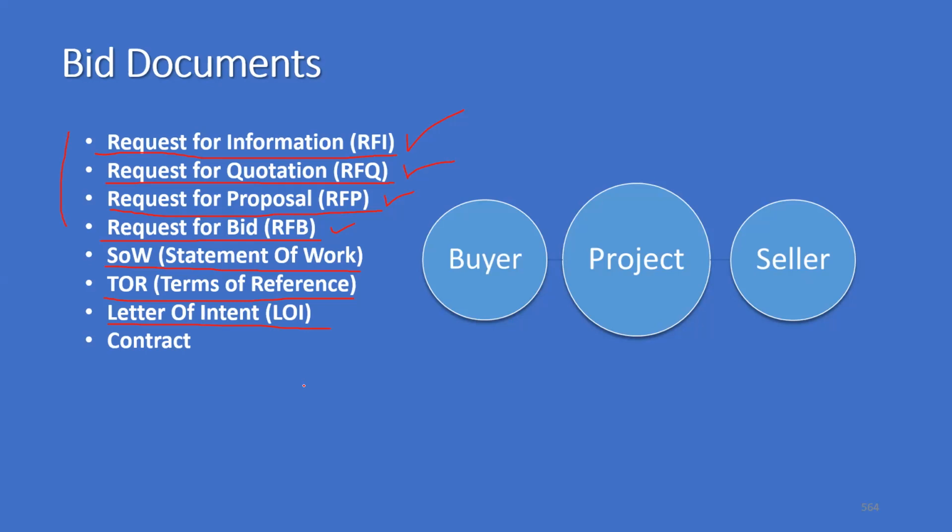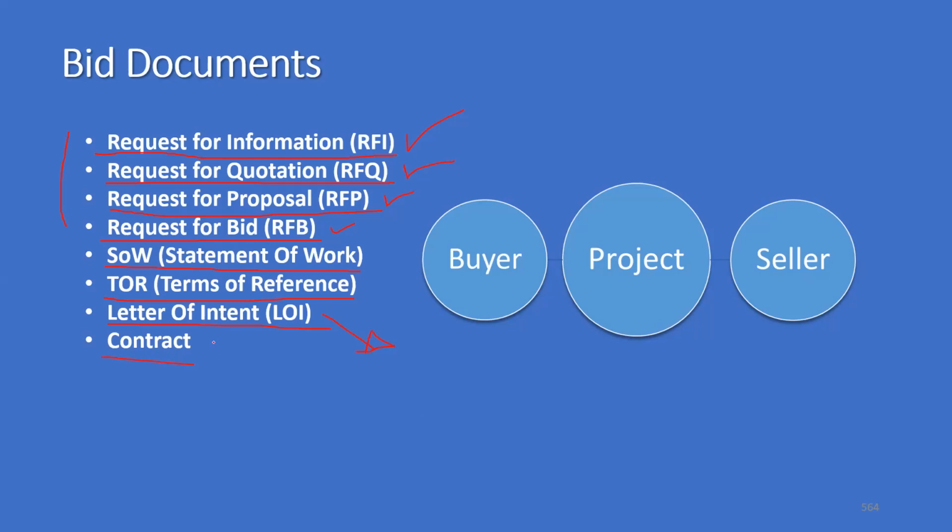You please don't deploy your resources onto some other project. But again, the problem with a letter of intent is there is no legal binding. So even after the buyer issues you a letter of intent, if later on he doesn't give the actual contract to you, you cannot sue him. It doesn't have any legal binding.